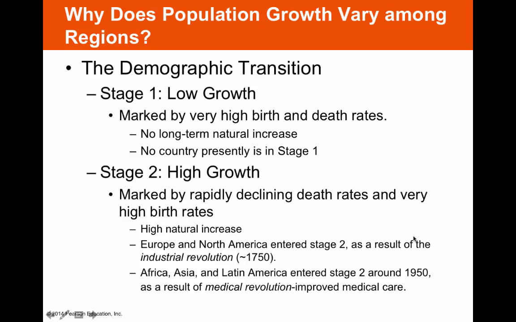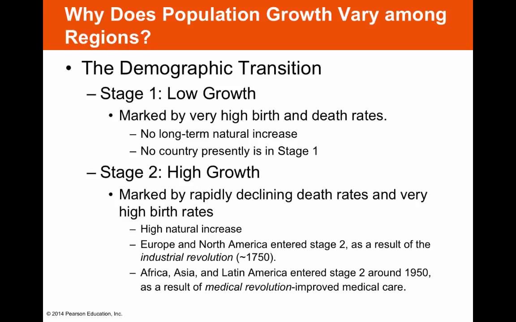Okay, so in the first stage, we're going to have low growth. And this is marked by very high birth and death rates. And there is not a long-term natural increase. There are no countries right now at all that are presently in stage 1.